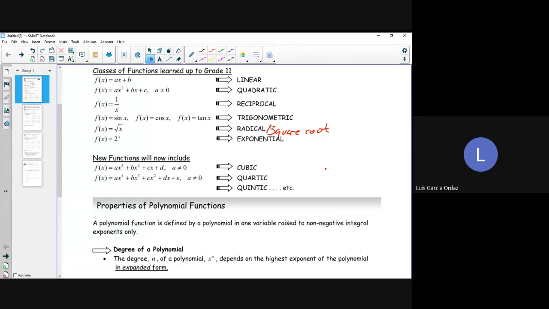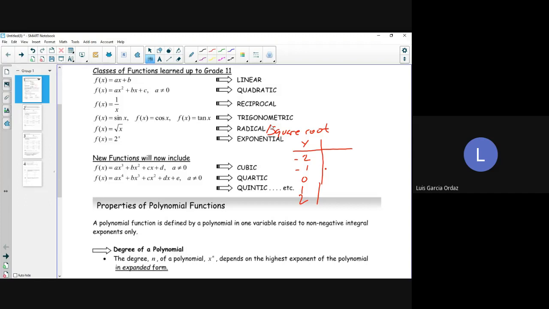So when graphing any of these using mapping notation, what I suggest is to use the x values -2, -1, 0, 1, and 2. I'm not sure if your grade 11 teachers told you to use those points last year. For trig, you can't really do it.